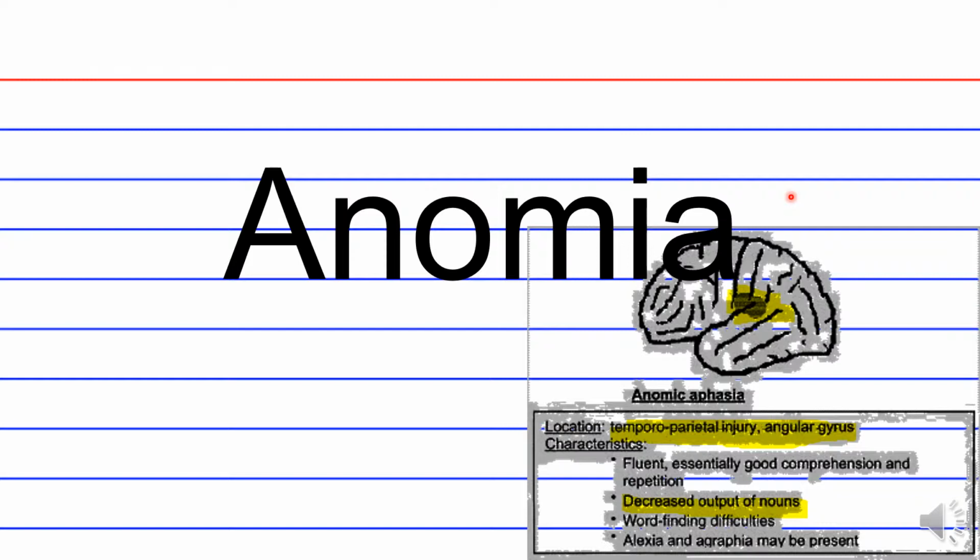That means they have a decreased output of nouns, okay? And if you ask them to look up words in a dictionary, they would probably have trouble with that too. And because the agraphia region is somewhere around here, sometimes patients who have anomia also present with agraphia.